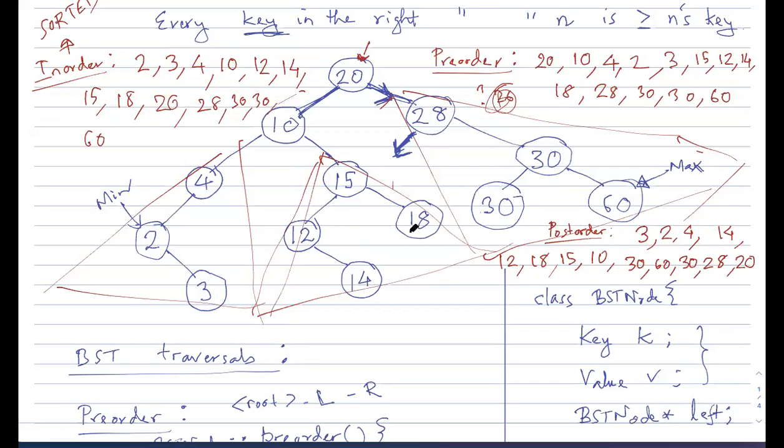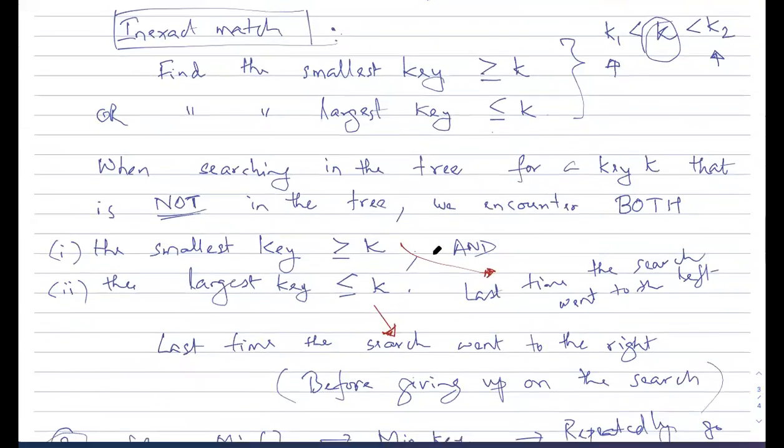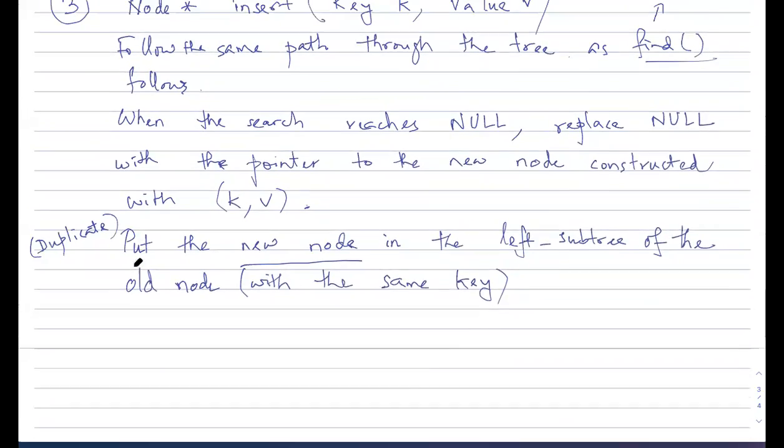And then 17 is less than 18, it's a null pointer, so you just replace it here with 17. Do you see this? Yeah, that makes sense. Your end point is always hitting a null pointer. That's the key. So you will always find a place to stick the node in.